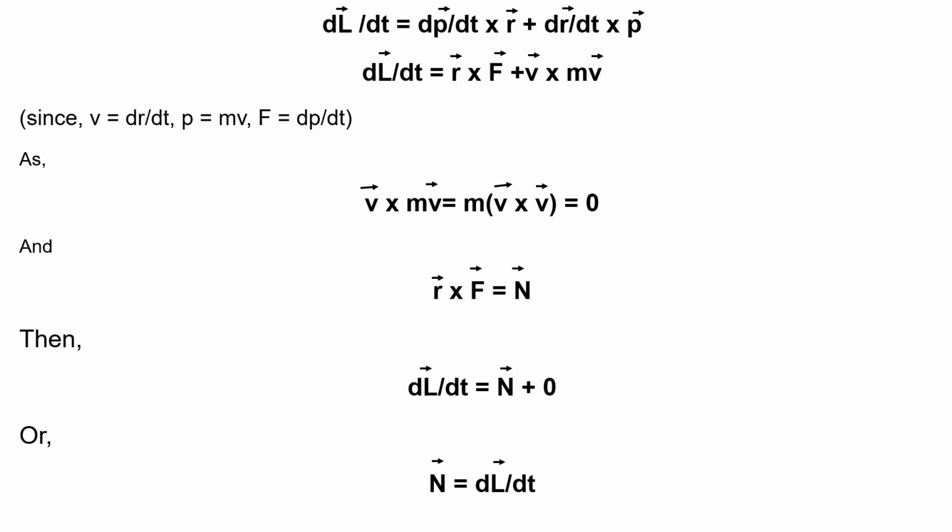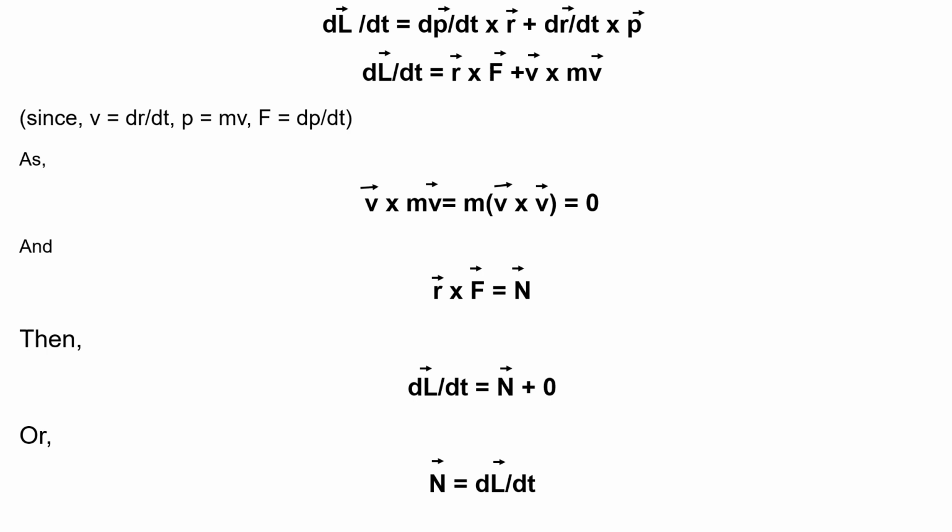So we will apply the product rule on the right hand side, that will give dL over dt is equal to dp over dt cross r plus dr over dt cross p. Here dp over dt will be equal to force, so that will become r cross F, plus dr over dt will be equal to v, and p is equal to mv.